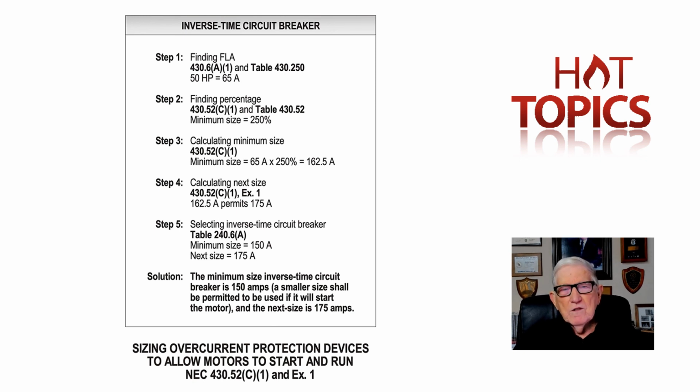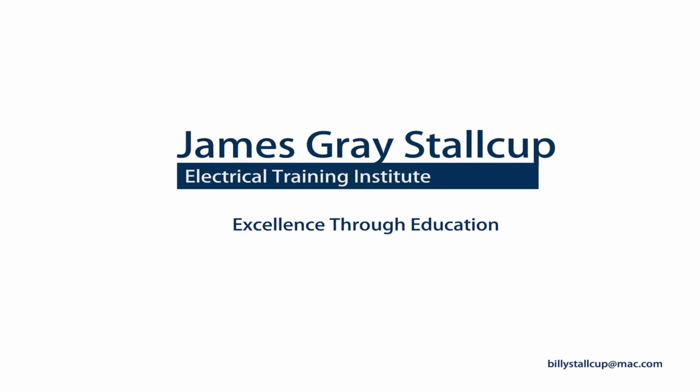But now notice that you have to have a reason for doing that. The exception 2 modifies exception 1 in 430.52C1. So you have to try the round down and the round up size first, and then you can apply the exception 2 if need be.